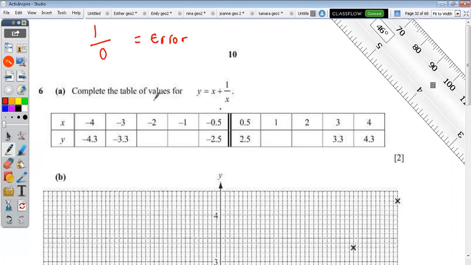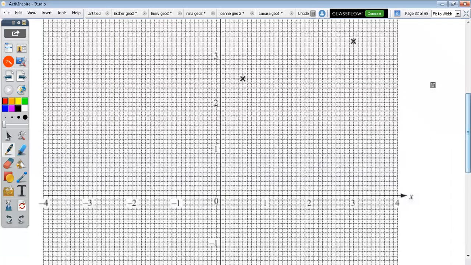So you find the missing values first quickly. Use your calculator. And I see they're correct.